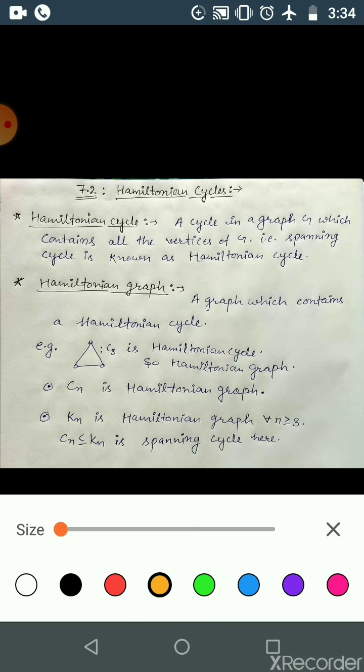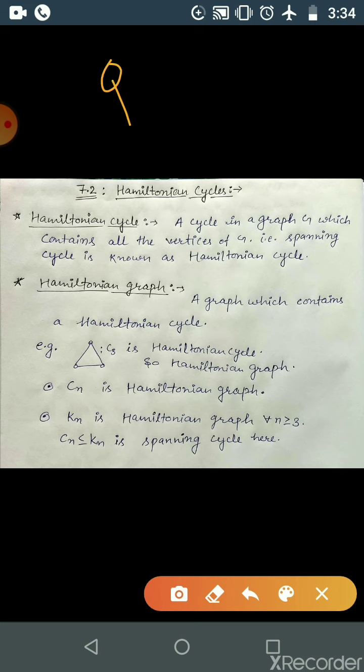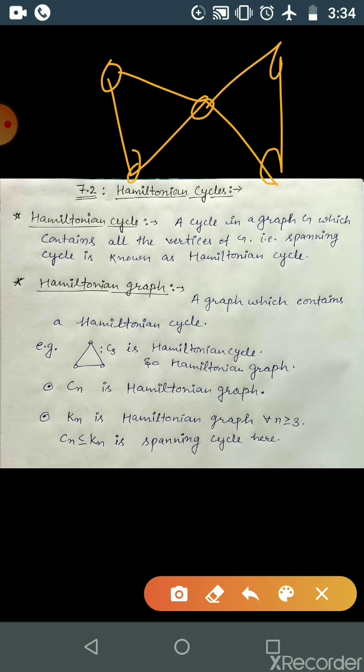Let's take a known example, suppose we have this graph. Is it Hamiltonian or not? Does there exist any cycle? Yes, there exists a cycle, this one, but is it spanning? No, it's not spanning.